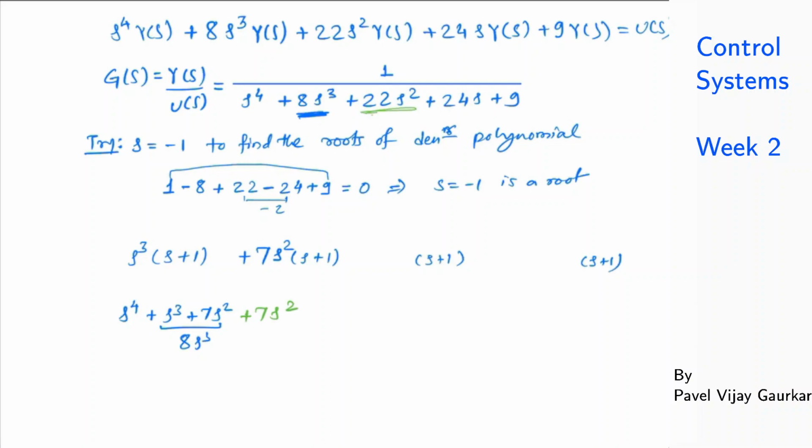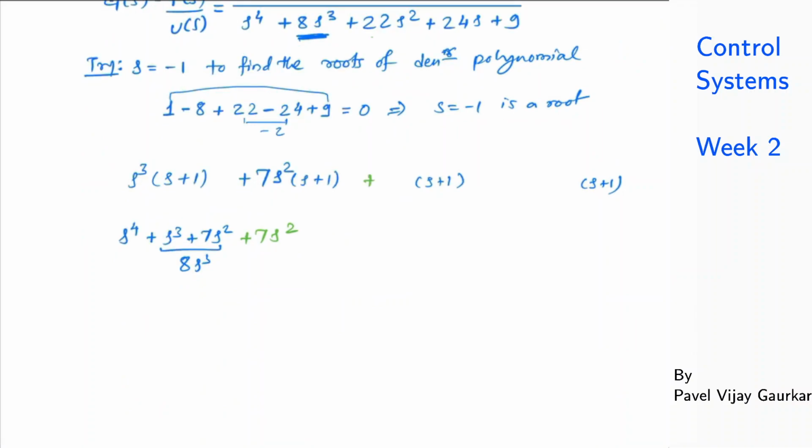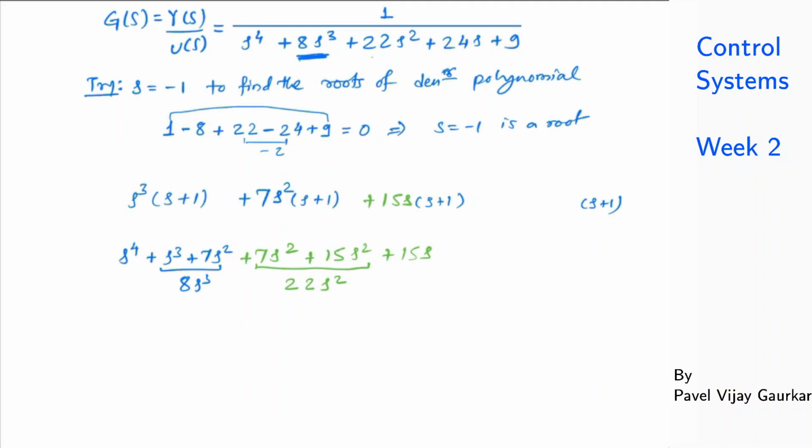Now we need 22 s square and we already have 7. So if we multiply this term by 15s, we will get 15s square plus 15s. So if we add these two, we would get 22 into s square, which is this term. Now we want to make 24s and we already have 15s.